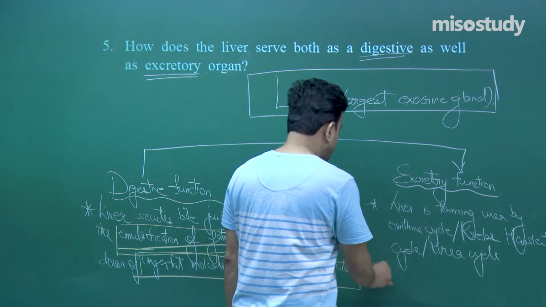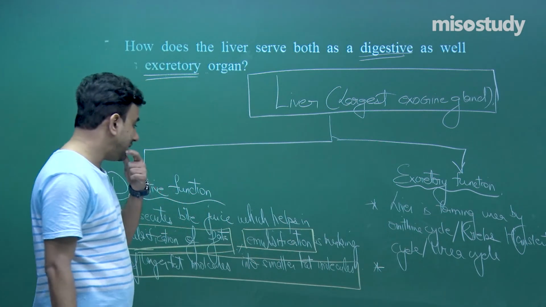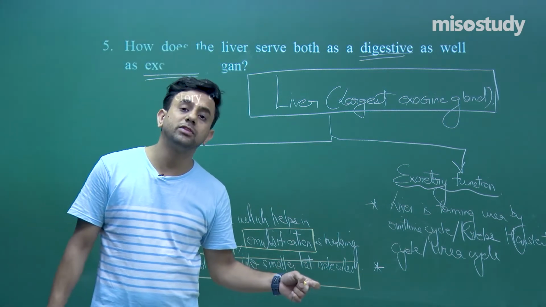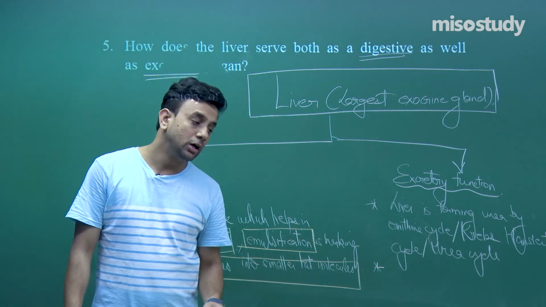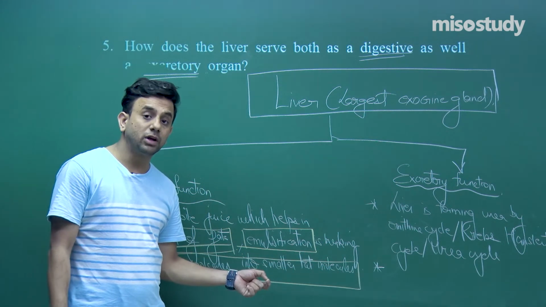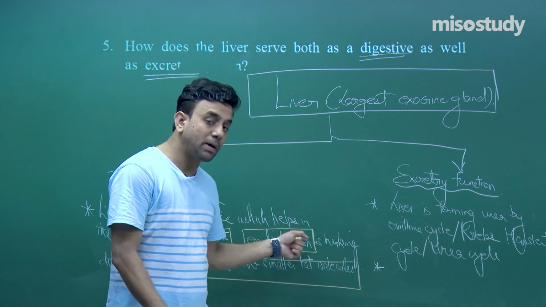Also, the bile juice contains some pigments like bilirubin and biliverdin, which are removed in the urine, and we also have some amount of cholesterol in the bile juice.